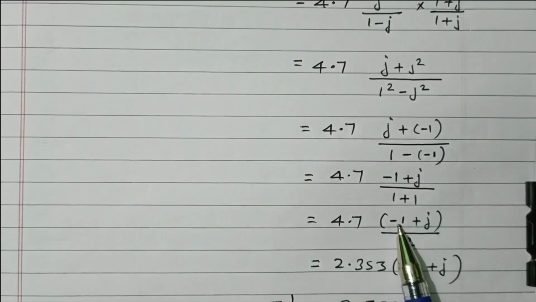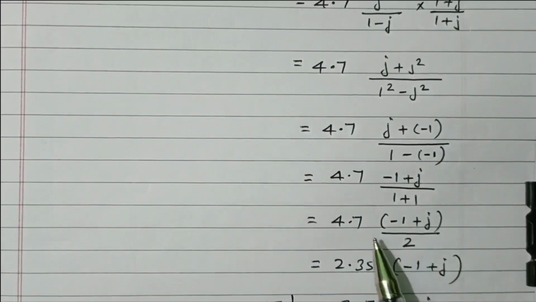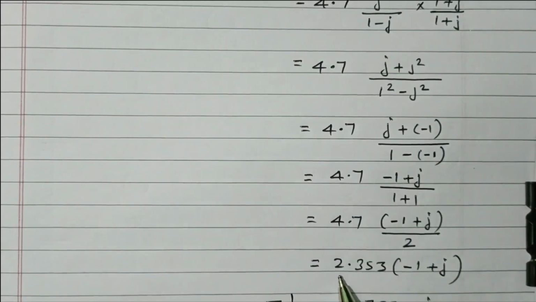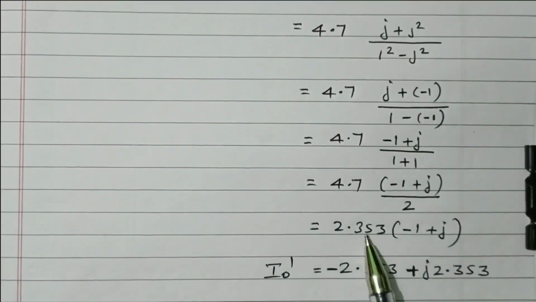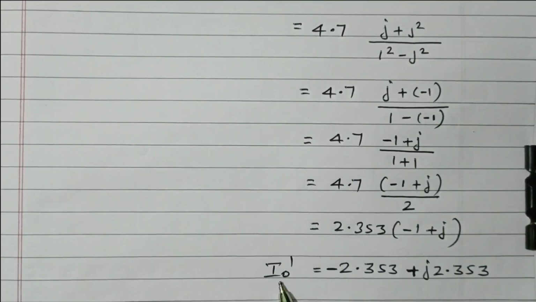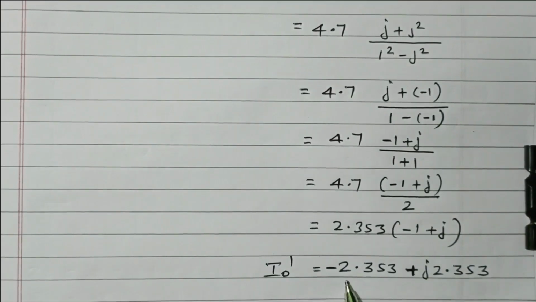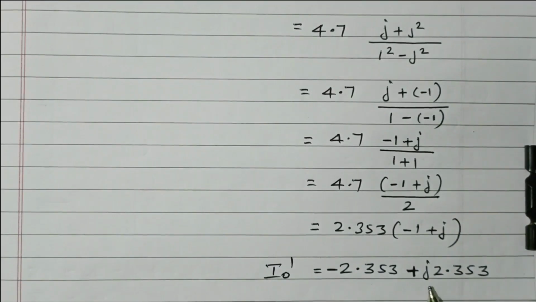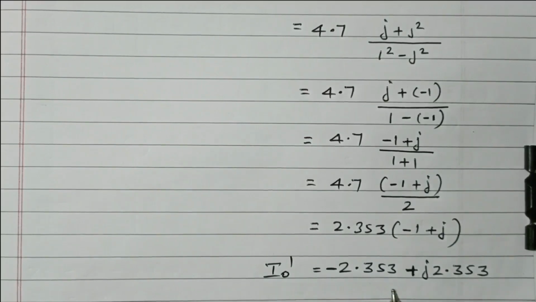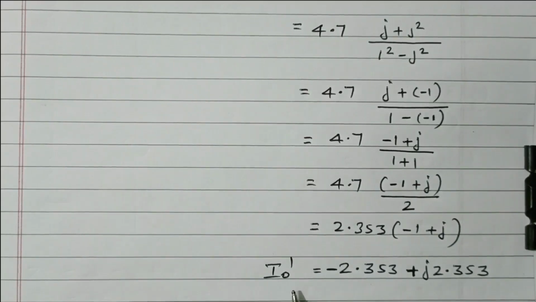So minus 1 plus j divided by 2. So 4.7 divided by 2 is 2.353 times minus 1 plus j. So it is multiplied inside. So I naught dash is minus 2.353 plus j 2.353. So this is the current due to the voltage source alone, that is I naught dash.